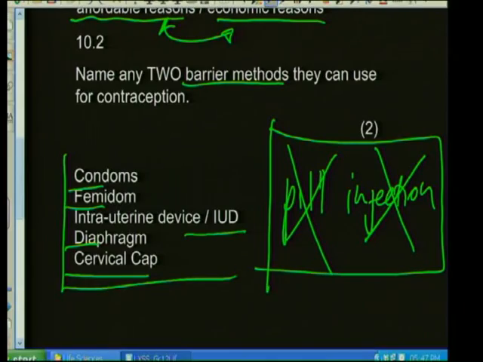They are controlling the woman's cycle. There's no barrier. They're not preventing contact between the sperm and the egg. A barrier is a method that will prevent the sperm from reaching the egg. So that's why these are the only acceptable answers there.